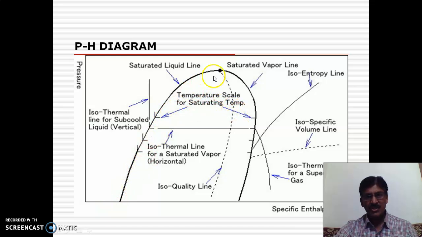This is your saturated liquid line, this is your saturated vapor line. Then these are some isentropic lines and isospecific volume lines. These are isothermal lines for the superheated gas region. So this p-h diagram is very important. We use different p-h charts for different refrigerants in the analysis of the vapor compression cycle.